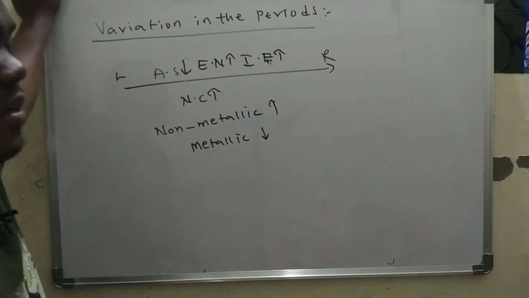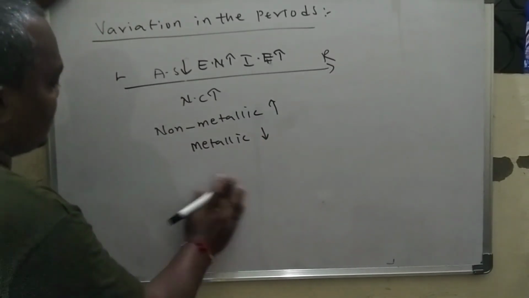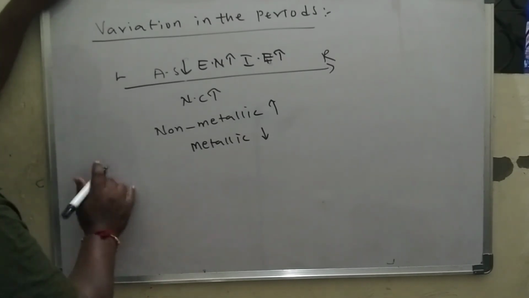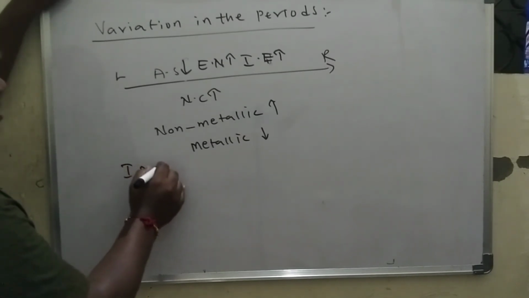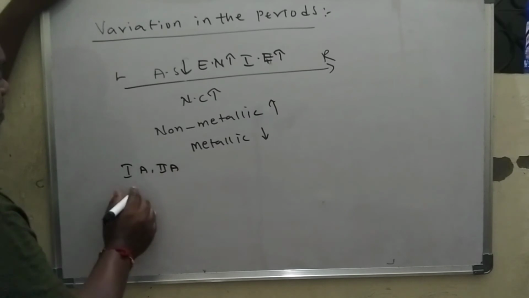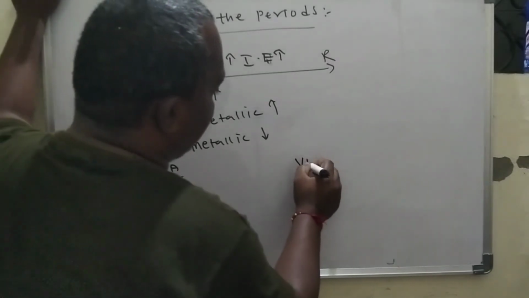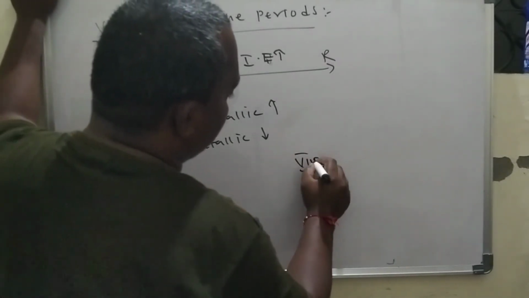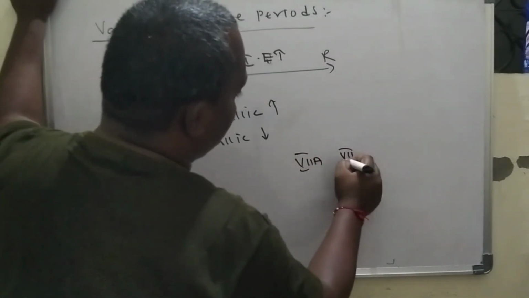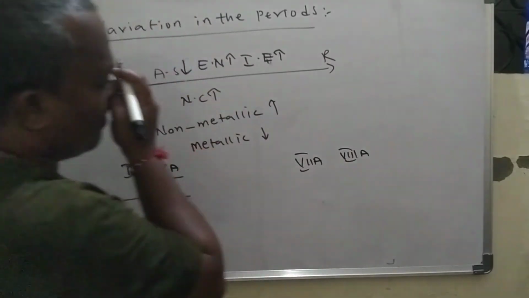The first and second group elements present in a period act as metals, and the seventh and eighth group elements act as non-metals.